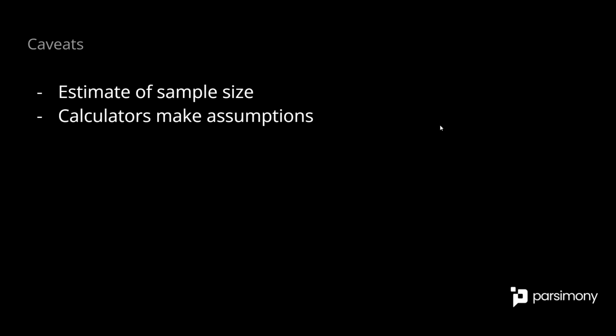Another thing to keep in mind is that these calculators all make assumptions. In order for you to be able to simply plug in numbers and then get numbers such as your estimated sample size, there are assumptions that are baked into these calculators, like the data behave like you expect them to, and that you won't have any missing data and that sort of thing.